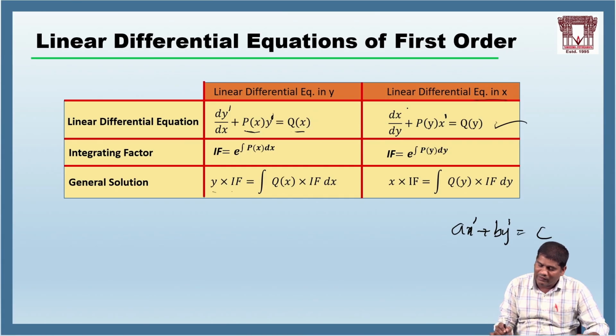Here x power is 1 and dx by dy whole to the power 1. That's why we can call this a linear differential equation in x, and its integrating factor is e to the power integral p of y into dy, and its general solution is x into integrating factor is equal to integral of the right hand side function q of y into integrating factor into dy.